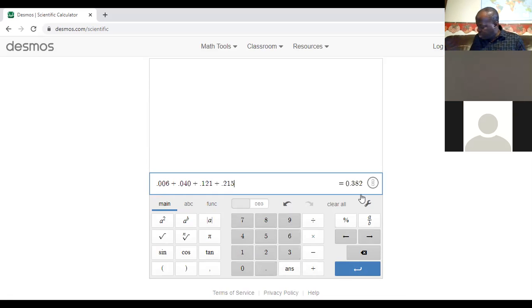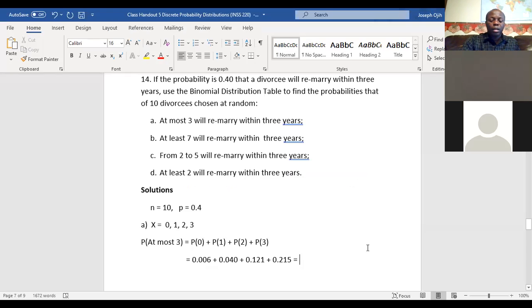That gives us 0.382. So we have the answer as 0.382. Or if you like, you can call it 38.2% chance that at most 3 will marry within 3 years.